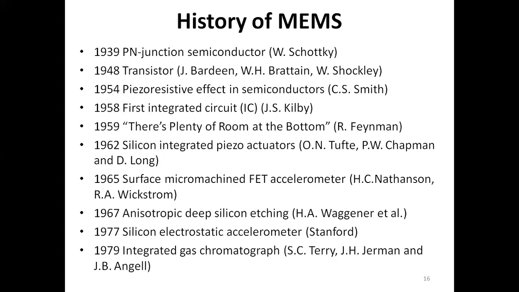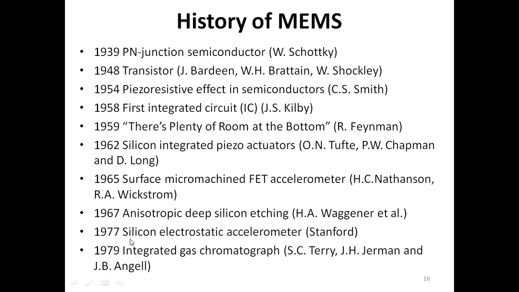So this was the first surface micromachined accelerometer, produced in 1965. 1967, anisotropic deep silicon etching was performed. This is a fabrication process. We do etching in the silicon wafer and produce deep channels or recesses in the silicon wafer, and it was developed way back in 1967.